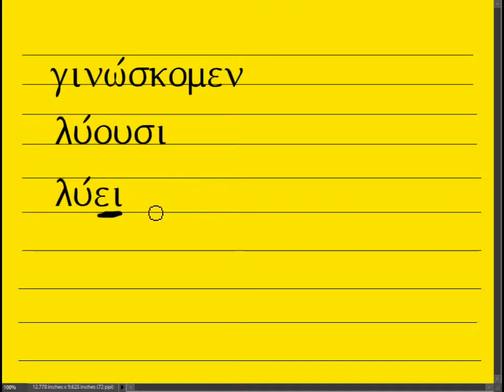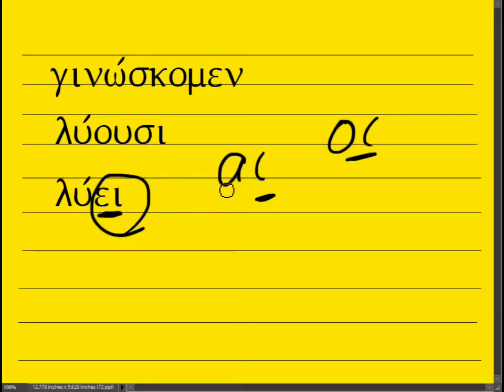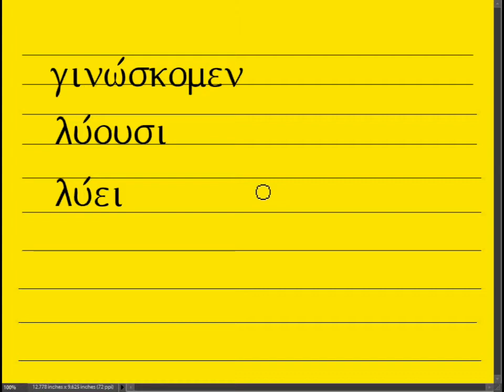Diphthongs are always long, except for two exceptions, alpha iota and omicron iota, and only when they are the last two letters of a word. Epsilon iota is not either of those, so it must be long. I know when the last is long, we have an acute on the penult. The accent will be on the penult because of the recessive rule, and so I know for sure that the acute accent goes on the word lu-ei here, and that's the way the accenting is going to be performed. All right, so there you've got 3 of the exercises.